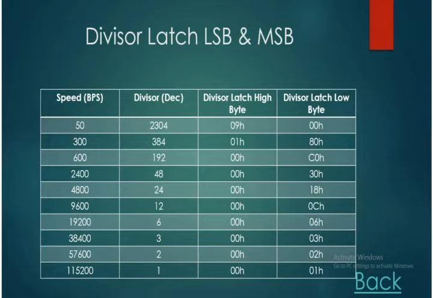If we convert them into hexadecimal, 2 of the values at the top are going to exceed 8 bits. So we need 2 bytes, divisor latch low byte and divisor latch high byte. Our desired baud rate for our application is 38400. So lower byte becomes 03 in hexadecimal and higher byte becomes 00 in hexadecimal.